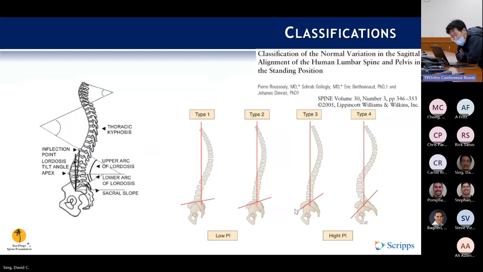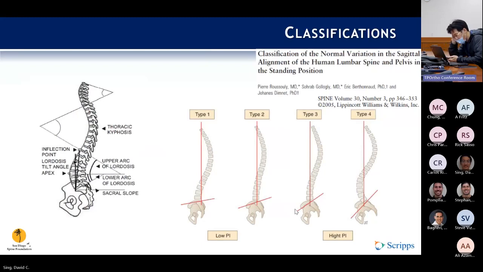Then in 2005, around the same time, Roussouly had this description where he was really focused on the sagittal alignment more so than the coronal classifications, the classifications that primarily based a majority of their cases off of Cobb angles in the coronal plane.